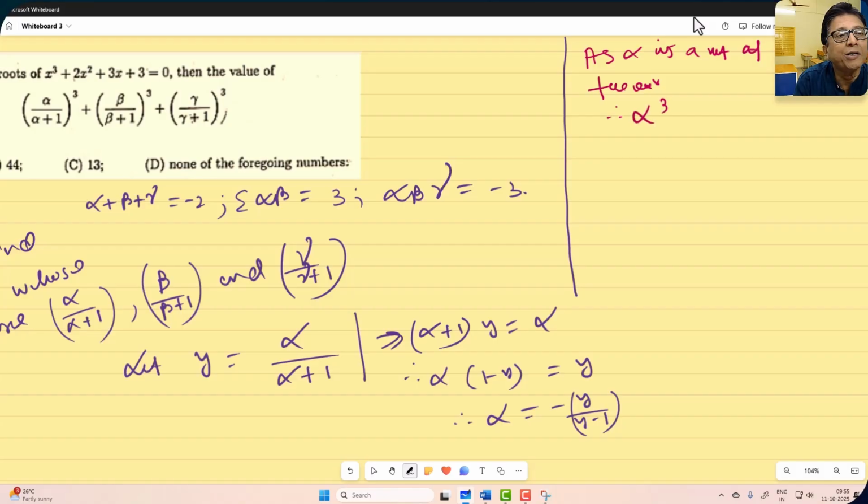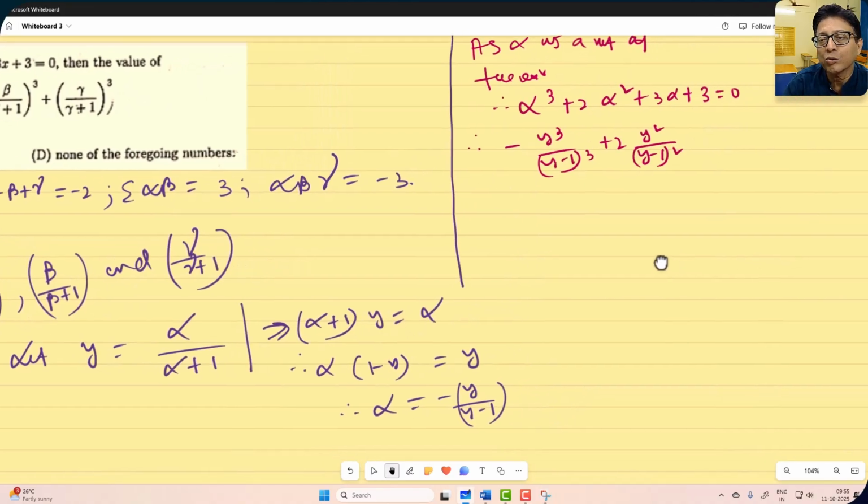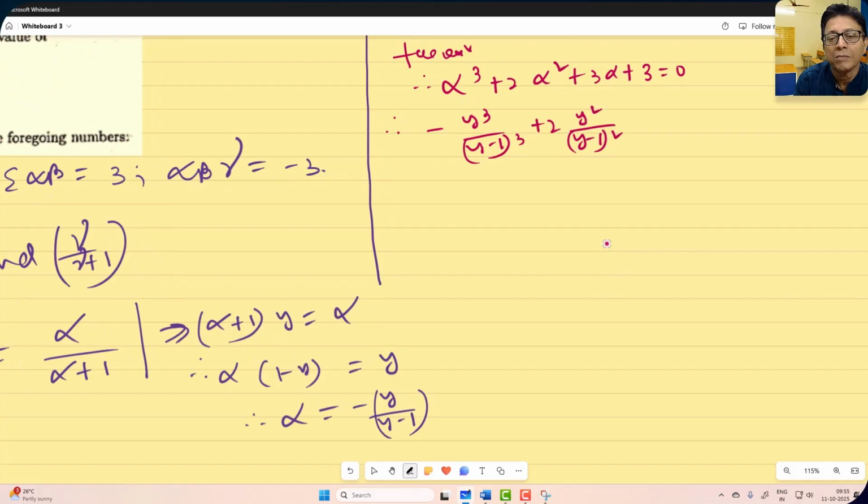therefore alpha cube plus 2 alpha square minus 3 alpha plus 3 equal to 0. Put the value of alpha there: minus y cube by (y minus 1) whole cube, plus 2y square by (y minus 1) whole square, minus 3y by y minus 1, plus 3 equal to 0.